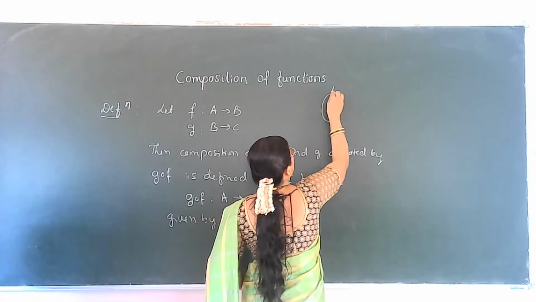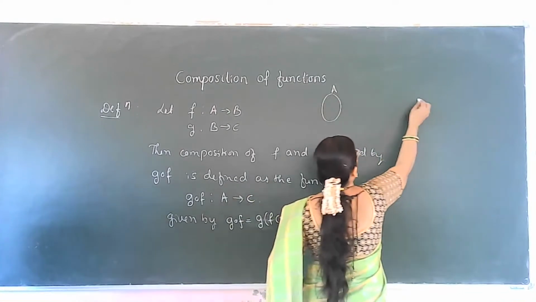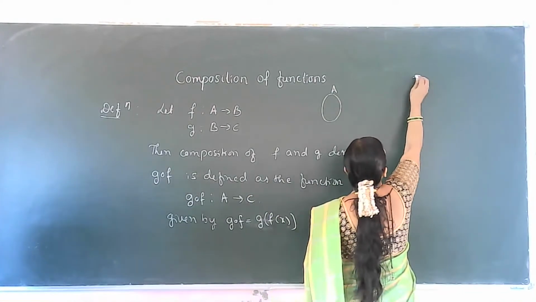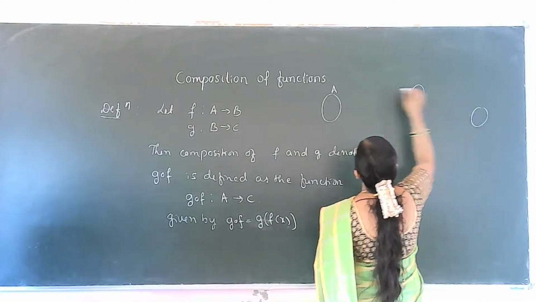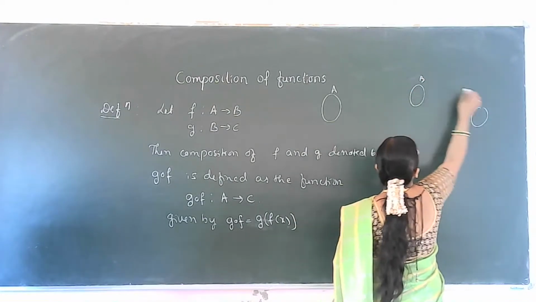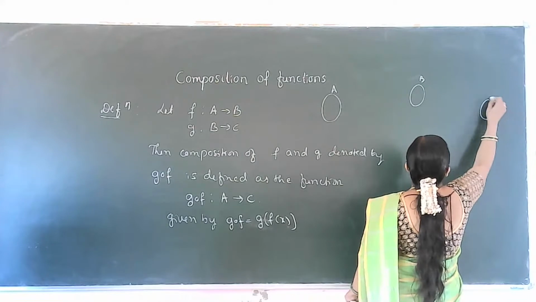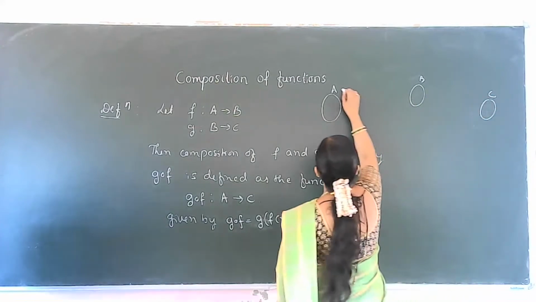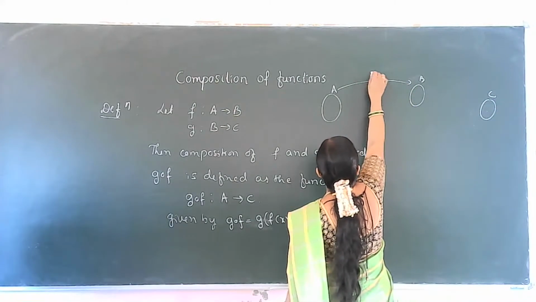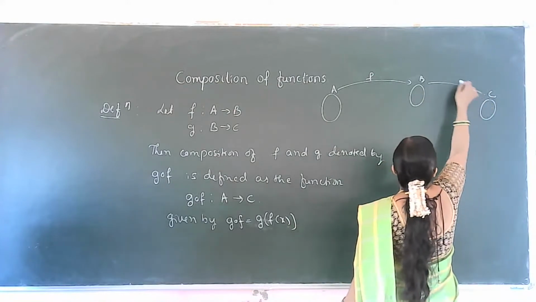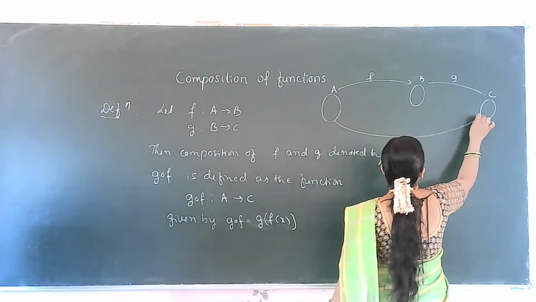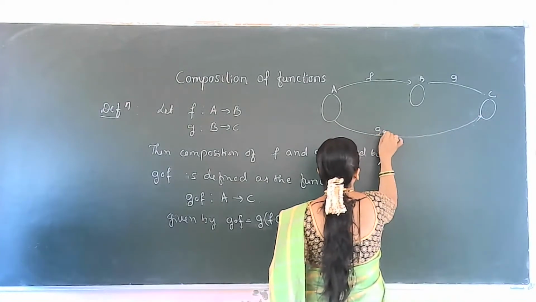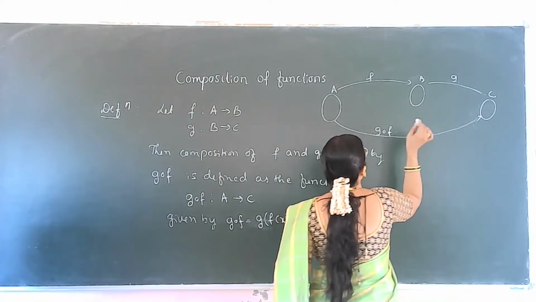Here A, B, C. This is the g naught f function.